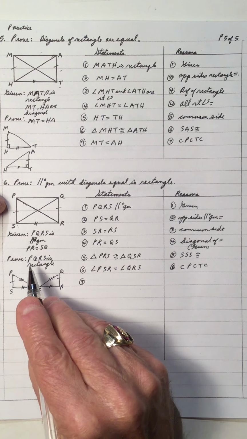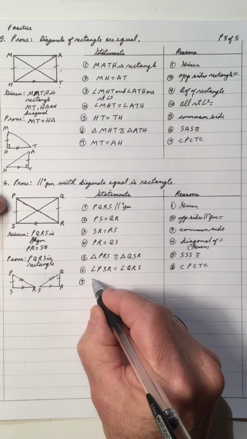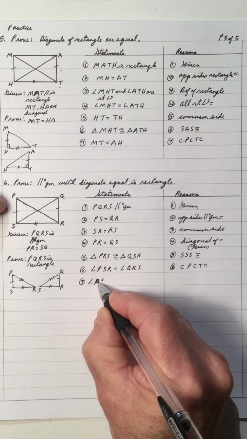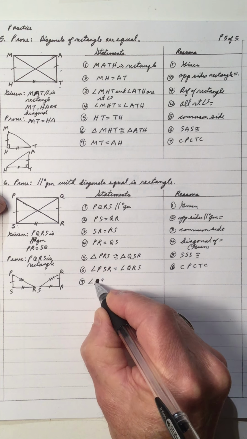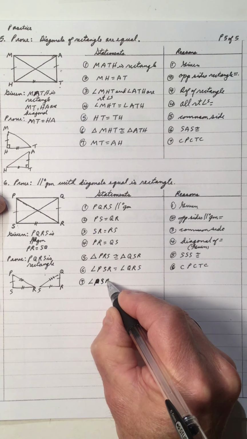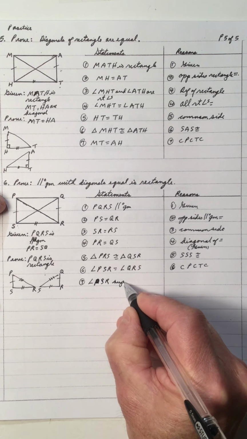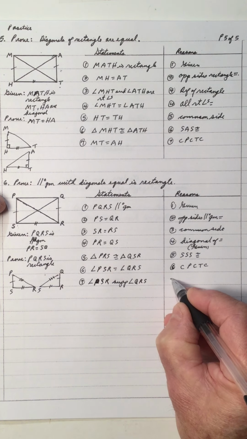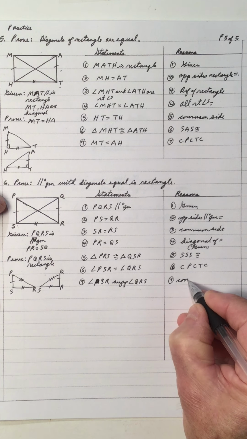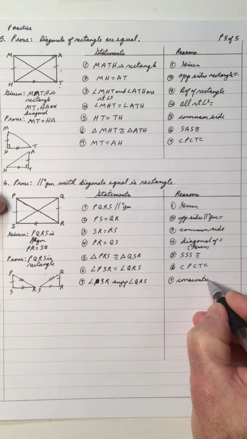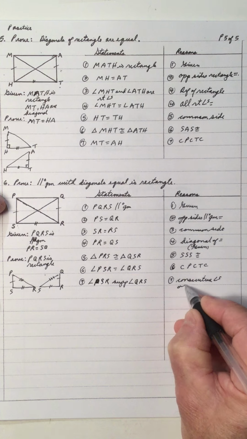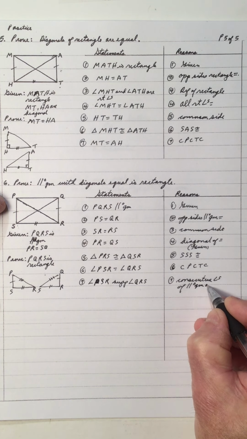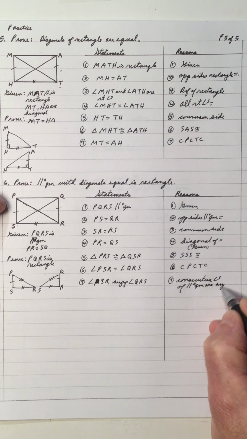Now we're given a parallelogram, so we know that the angle, make that a P, my mistake, PSR is supplementary to angle QRS, because the consecutive angles of a parallelogram are supplementary.